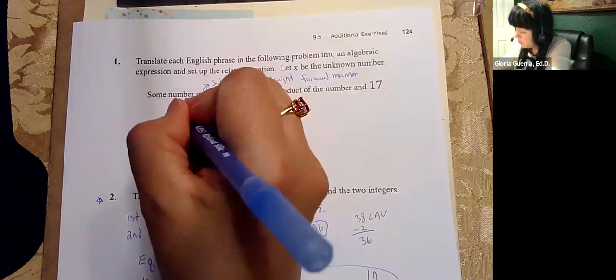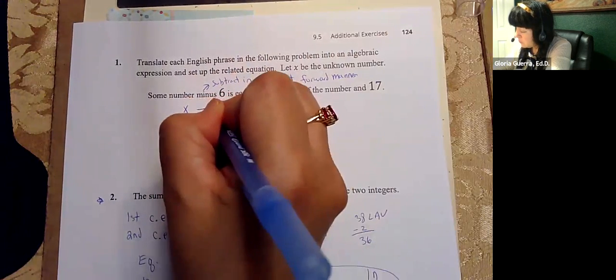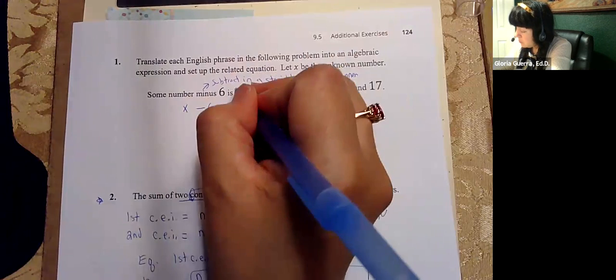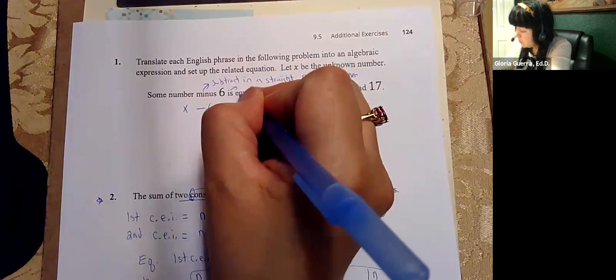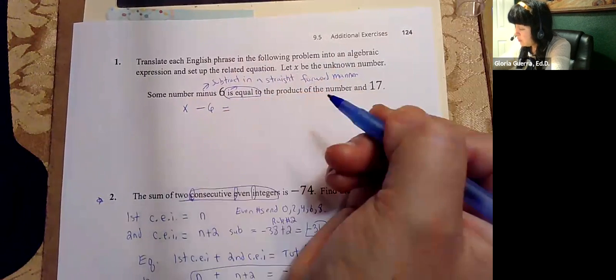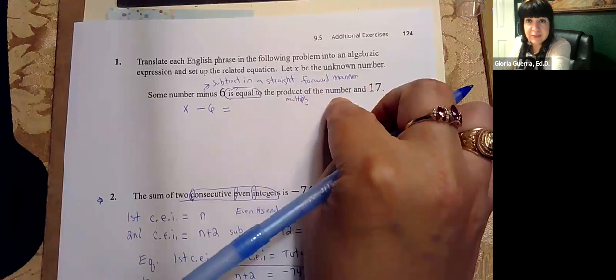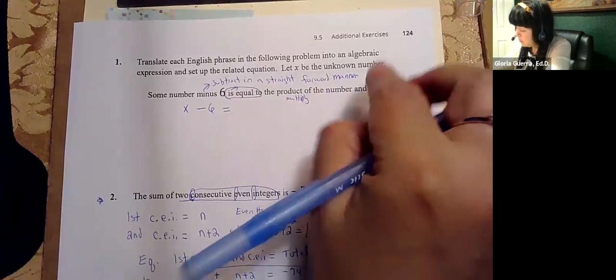So some number, I'm going to call that X, minus 6 is equal to, product means multiply, and you're multiplying that number and 17. So that means this.